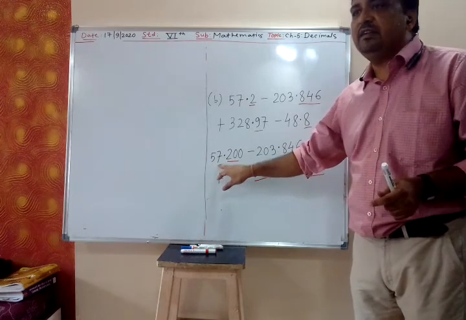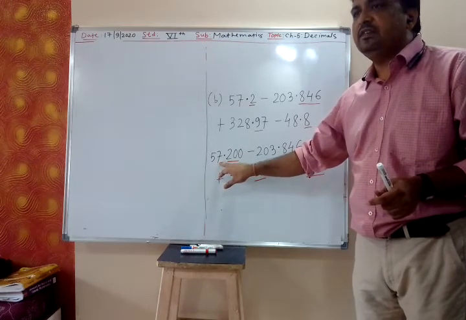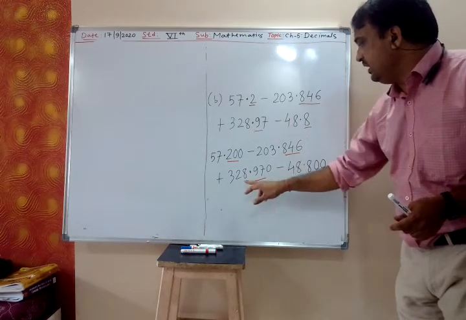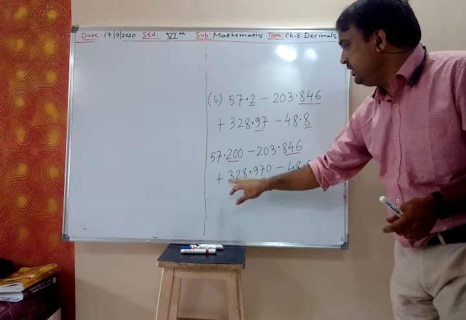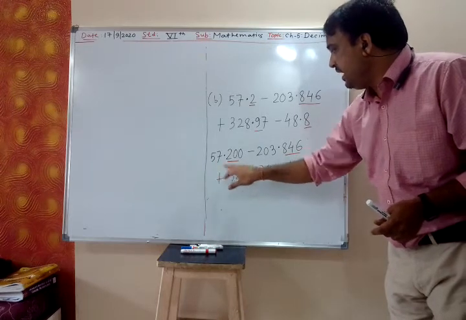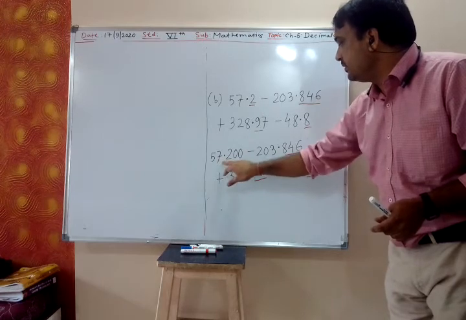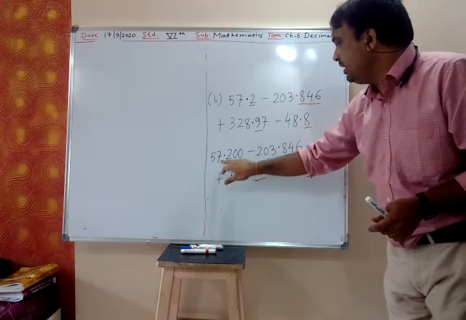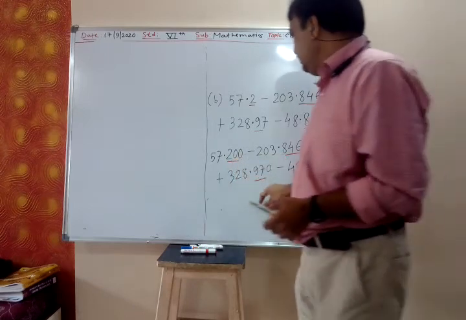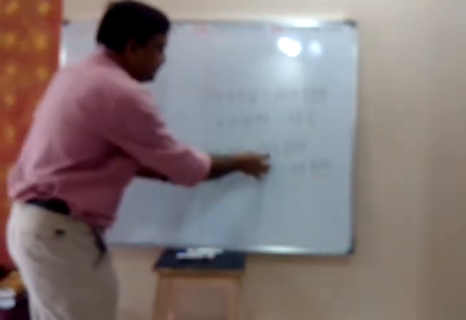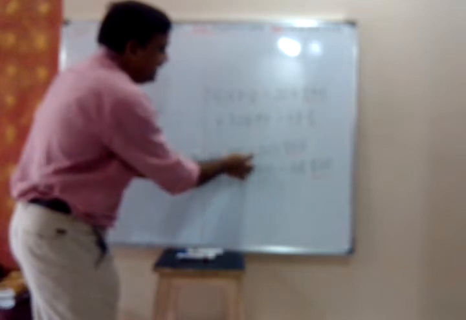What is the sign of 57? Plus. Is there any other number with a plus sign? Yes, 328. So first I will add these two, the plus numbers. If I subtract 57 and 203 first, 203 is bigger, so a minus sign will come.